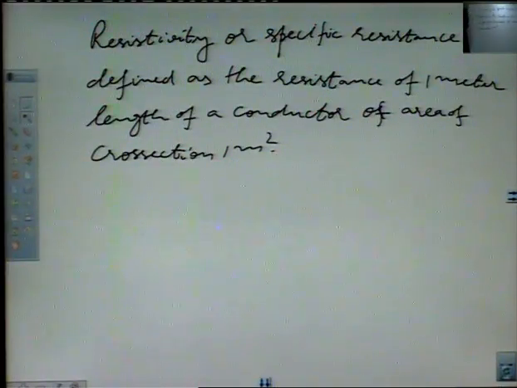So, this defines the resistivity of a conductor and it is constant for the material of a conductor. It depends upon the material of the conductor.